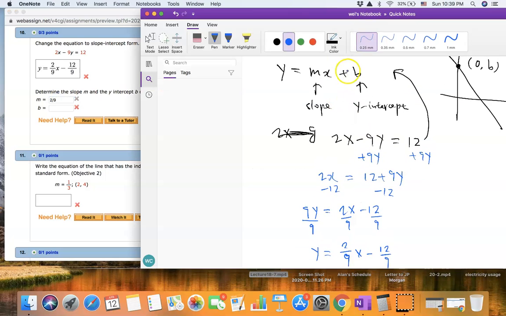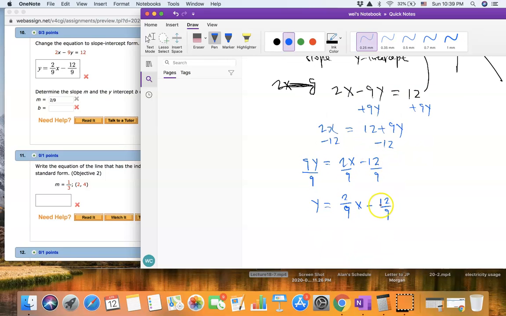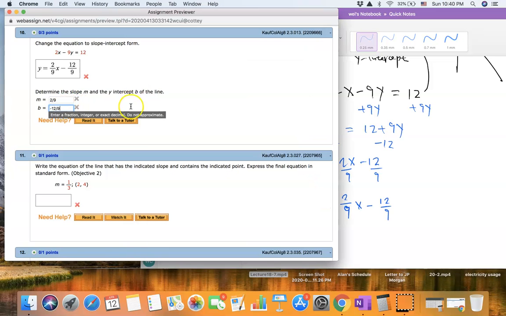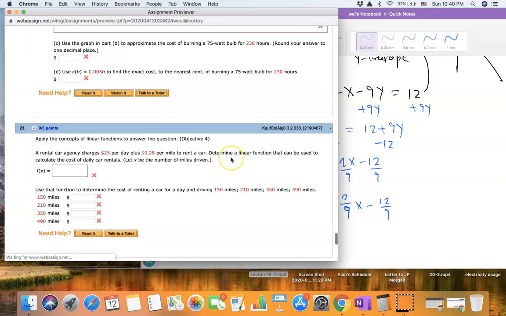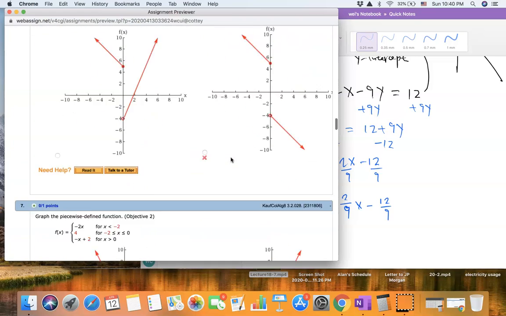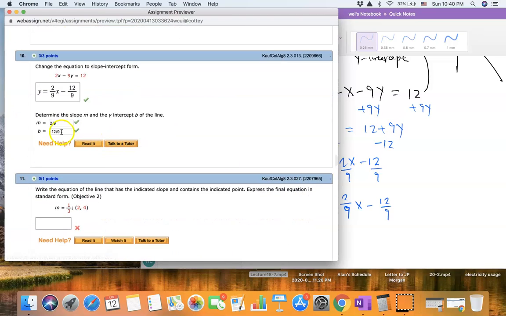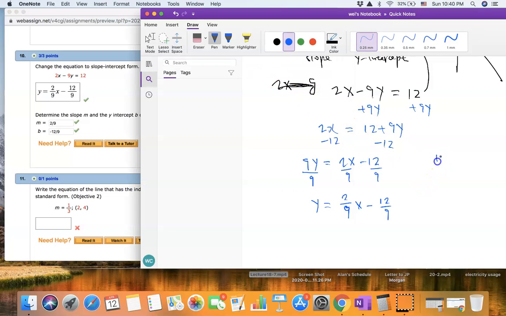And the number after the x term is our y-intercept, which is negative 12 over 9. Now you can say, even though you don't simplify your answer, it is still right, because 12 over 9, if we simplify this number, will be 4 over 3.